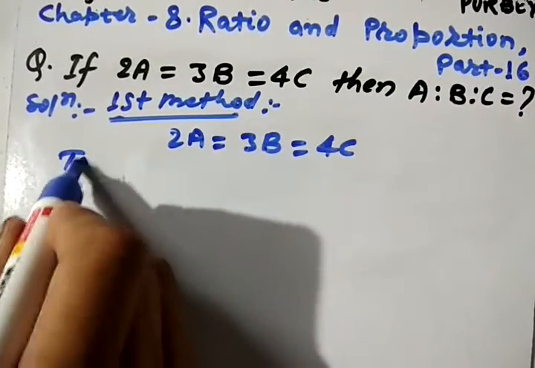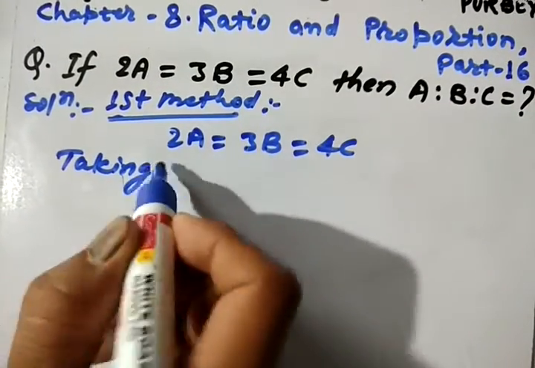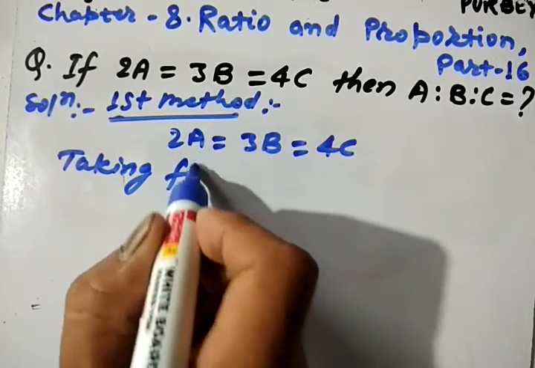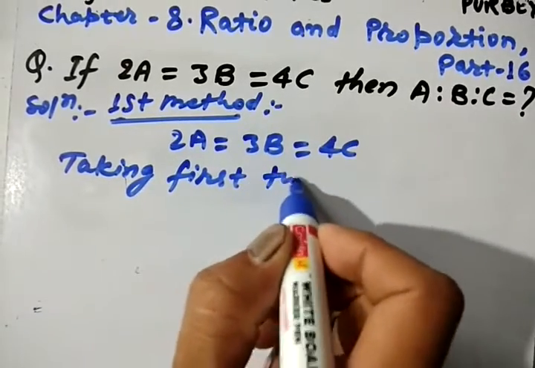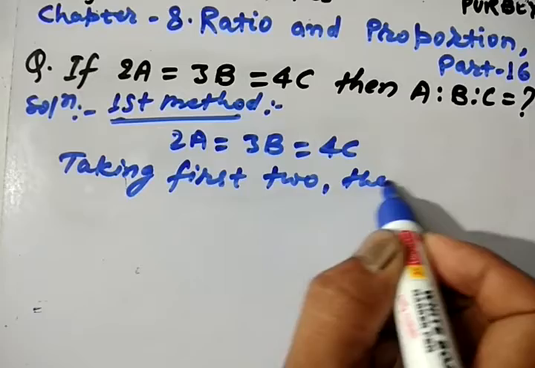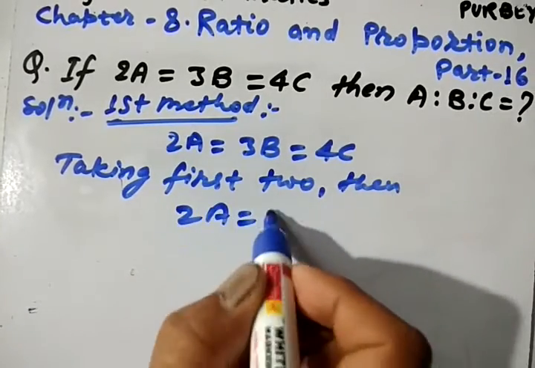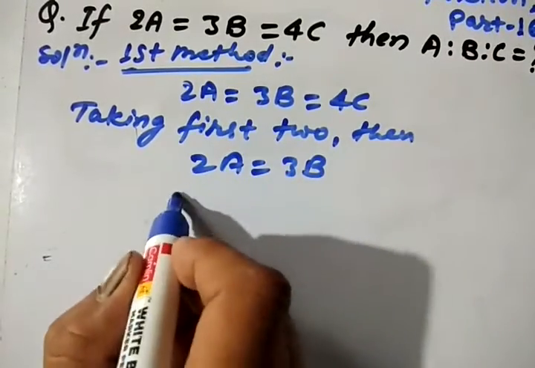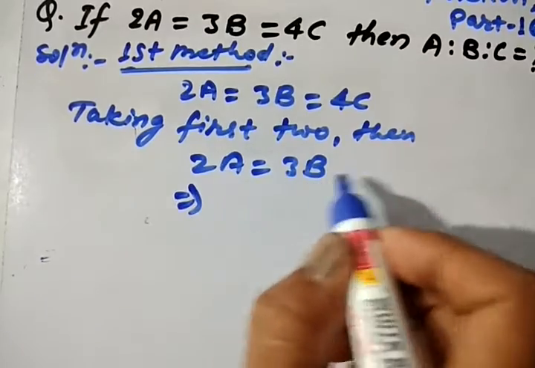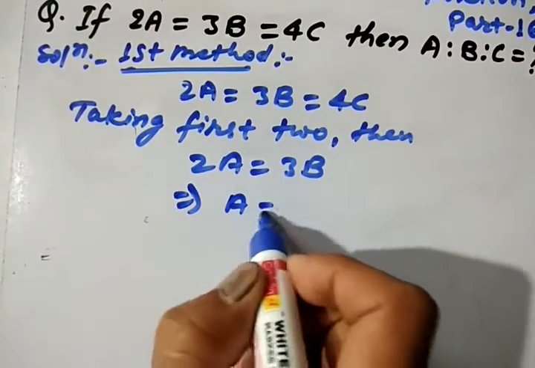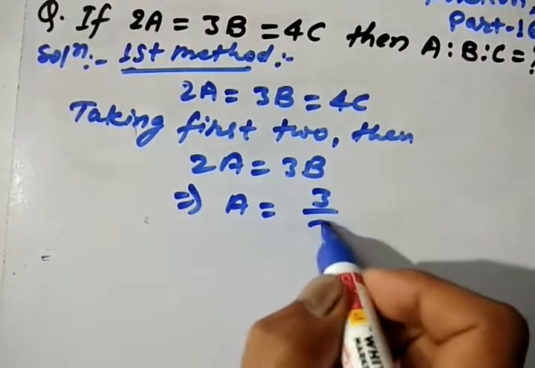Now, taking first two, then 2a is equal to 3b. From here we find the value of a, which is 3 by 2b.